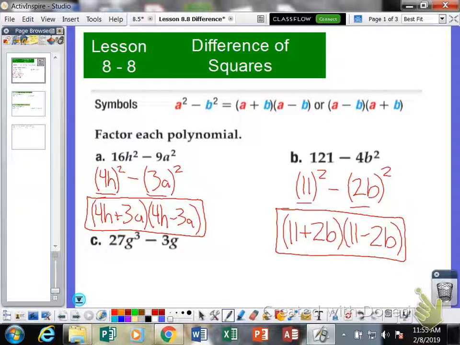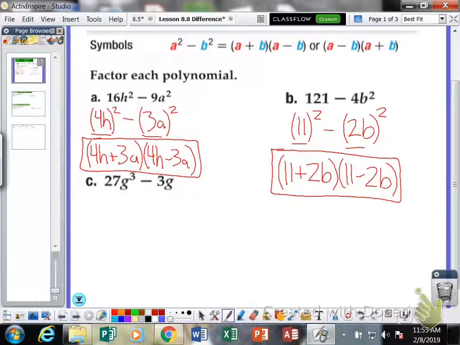For C, we have 27g cubed minus 3g. So notice, I can factor out a 3g here, because both terms have a common factor of 3g. So I'm going to factor out my 3g and rewrite it as 9g squared minus 1.